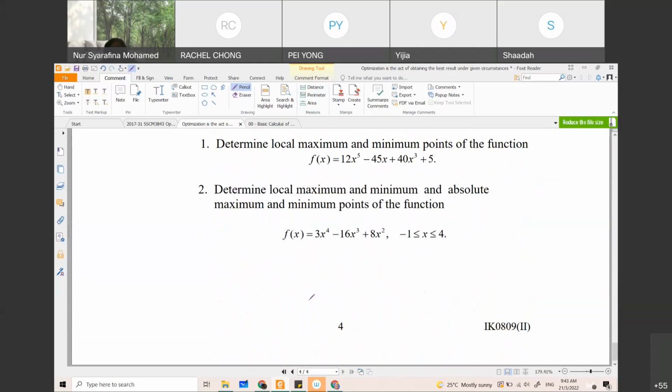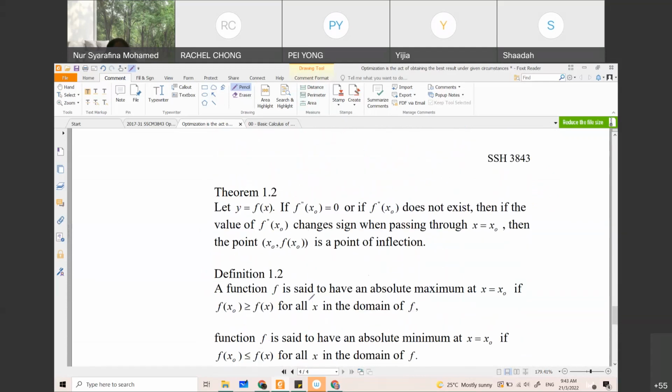Okay, then we have the last one here. Let's say we have a function f(x), and if f double prime x naught equals 0, now we have the second derivative, or if f double prime x naught does not exist, then if the value of f double prime changes sign when passing through the critical point, then we call it a point of inflection.